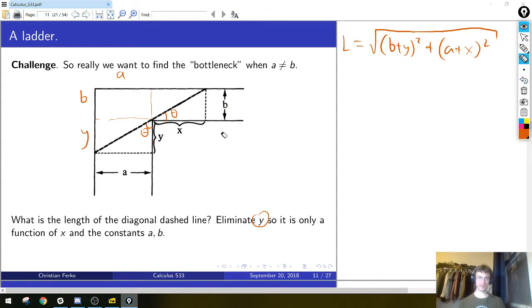I drew the wrong one. This thing should go like this. There we go. What's the relationship we get? Are you just asking for opposite angles? I'm asking for an equation which involves the letters b, x, y, and a, which expresses that these two triangles are similar. Similar triangles have ratios of sides which are equal, right?